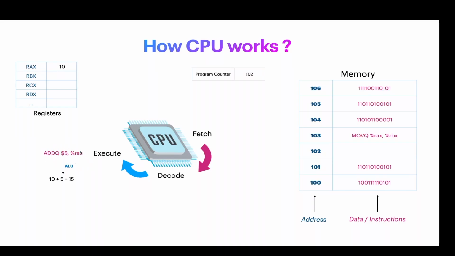And as we just saw, this operation does add 5 to whatever is available in this RAX register and stores the result in the RAX register itself. So it picks up the value of 10 from RAX, adds 5 to it, and then you have 15 as the result of the execution.